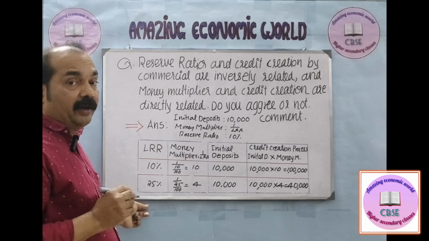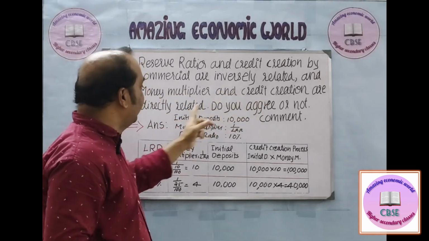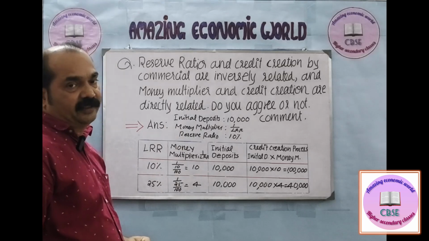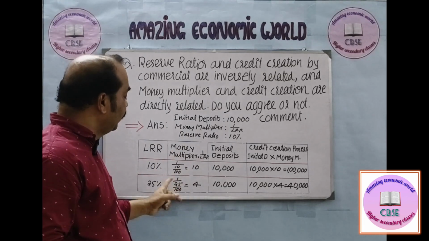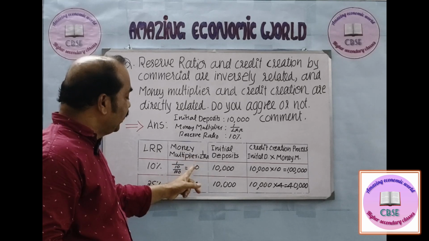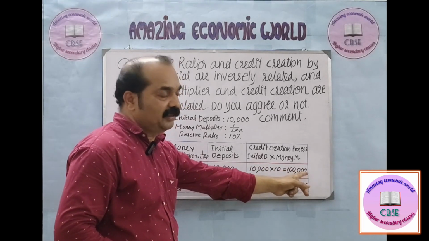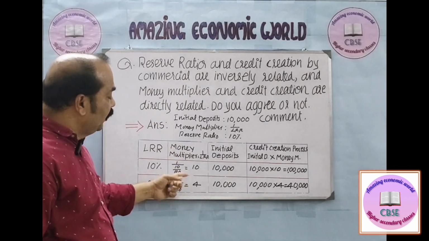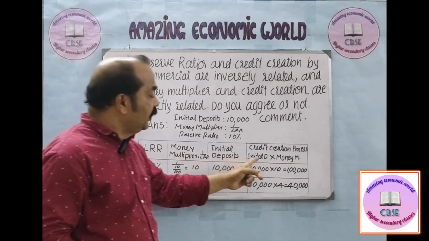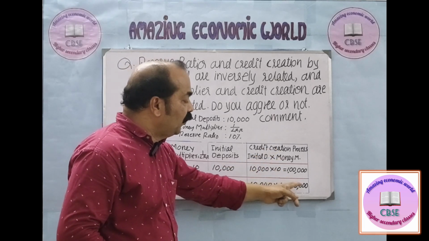And one more thing we have to prove. What is that? Money multiplier and credit creation are directly related. Look here, this money multiplier. When the money multiplier is 10, credit creation by commercial bank is 1 lakh. And when the money multiplier is reduced from 10 to 4, the credit creation by commercial bank is 40,000.